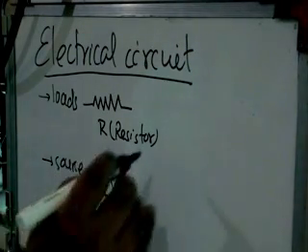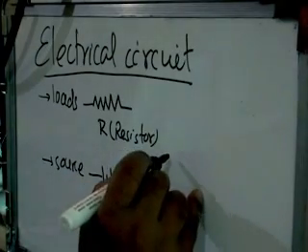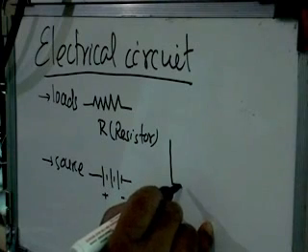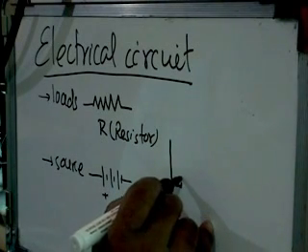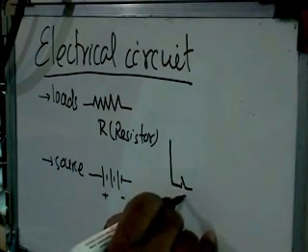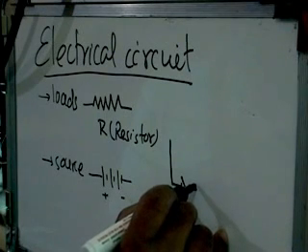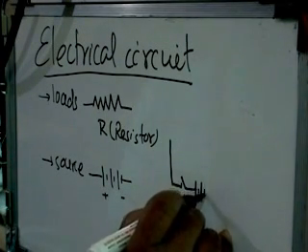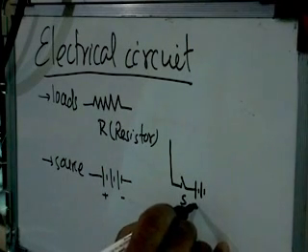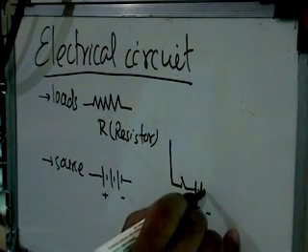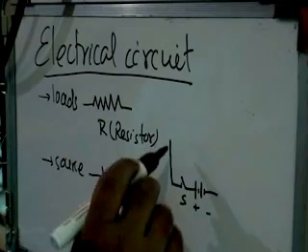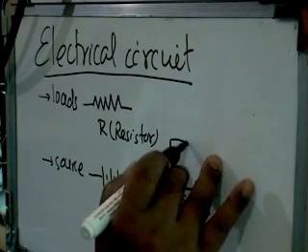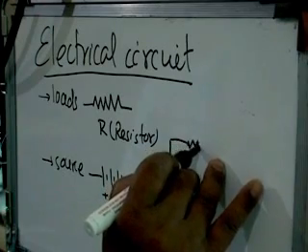As you have seen, the source and loads are connected in this manner. This is the switch. This is the battery or the source. And from here we'll draw a resistor or the load.